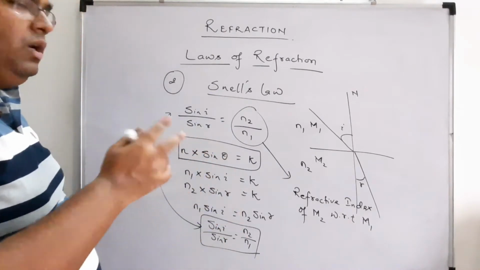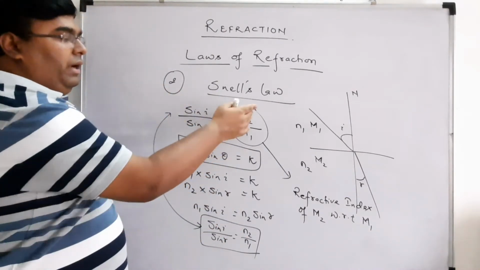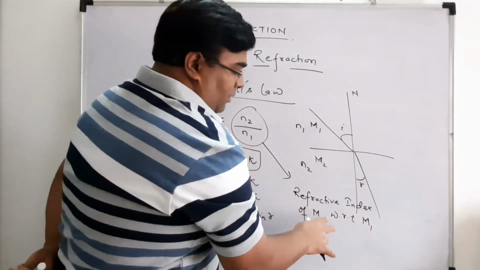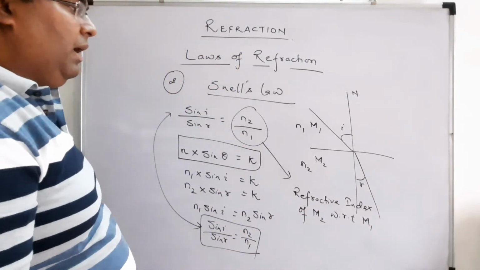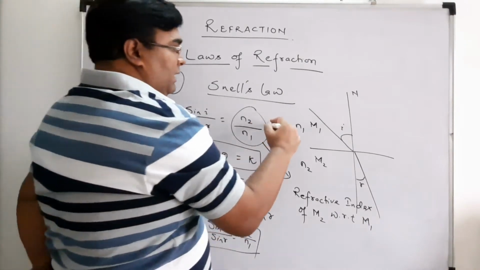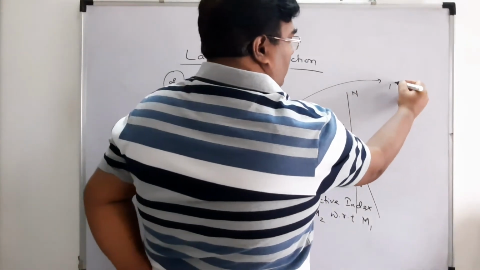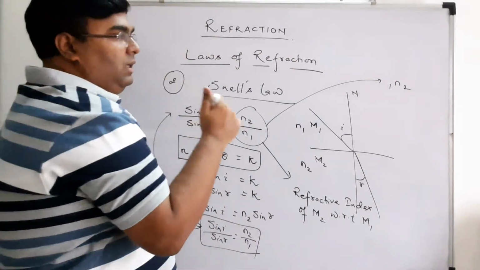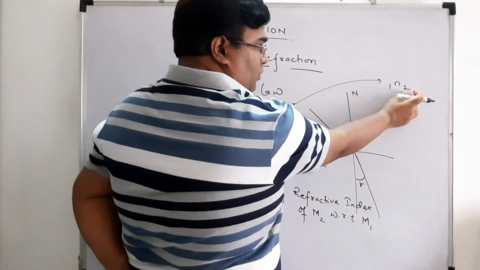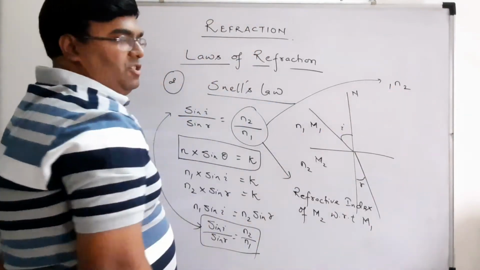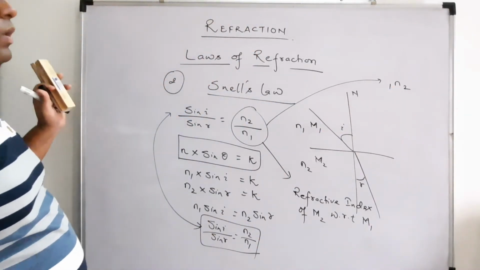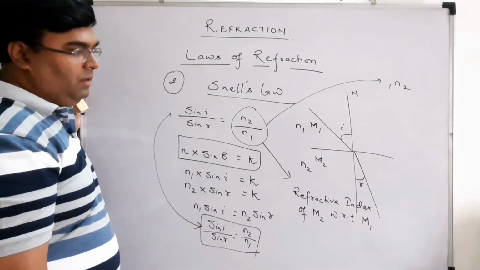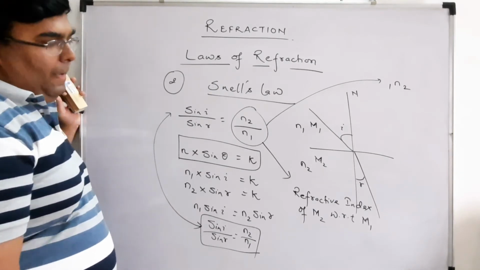So basically we are comparing two mediums, N2 and N1, right? So this is the refractive index of M2 with respect to M1, and we also write this in the form of 1 and 2, right? So basically this is the refractive index of the second medium with respect to the first medium, correct?